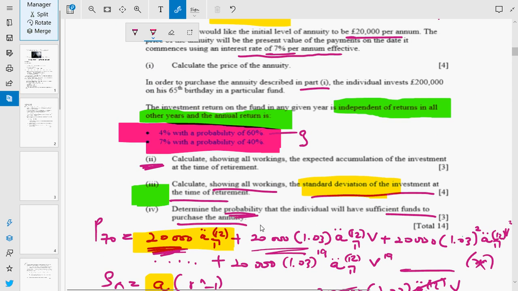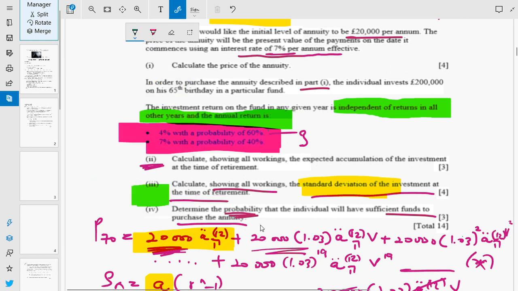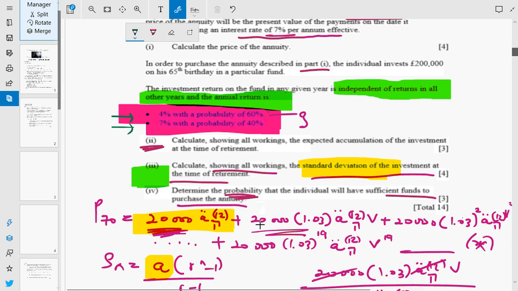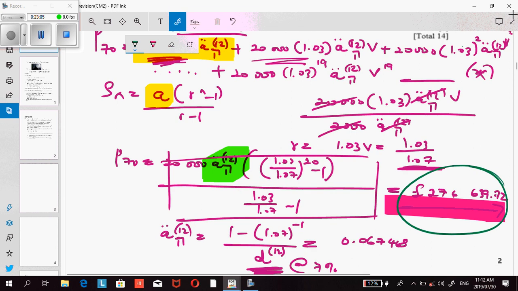We have to play around with 4% and 7% and see which combination will give you an accumulated value greater than this value.